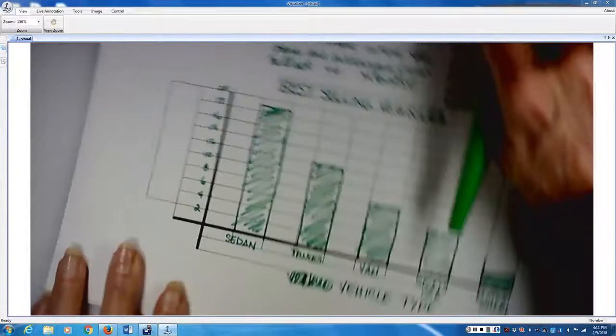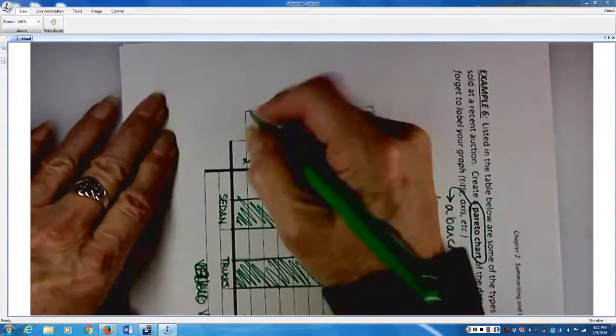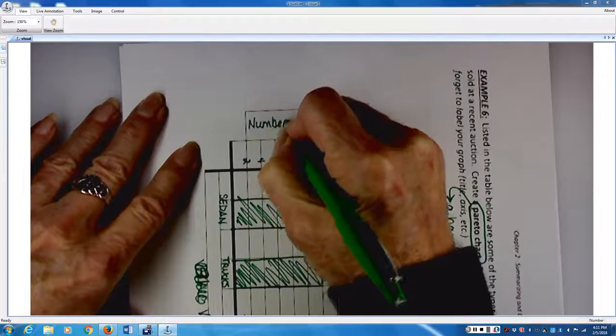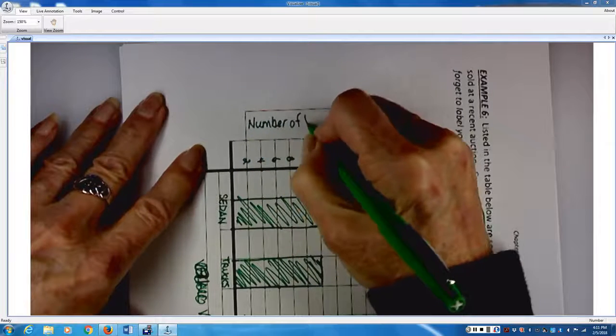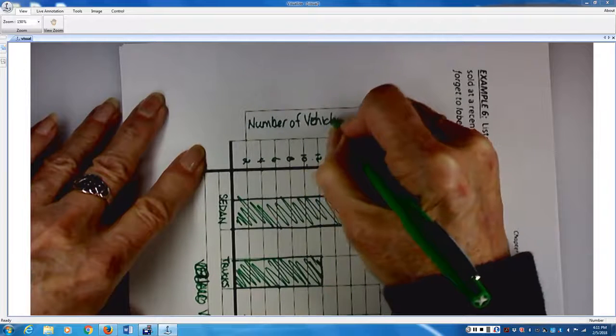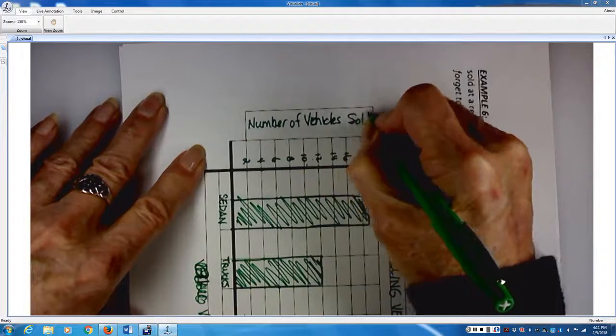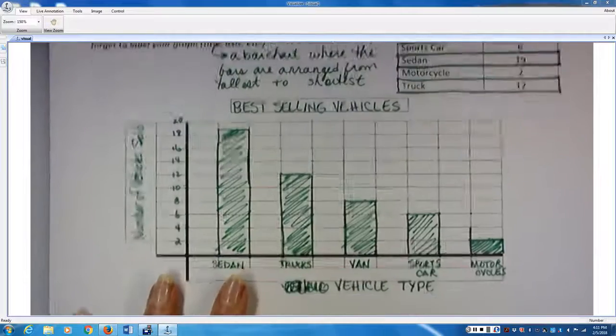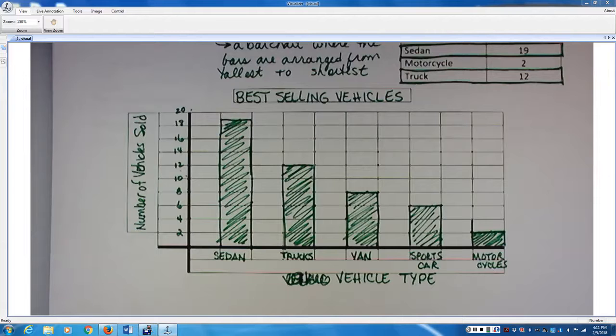My vertical axis, number of vehicles sold. Completely labeled. Bar chart, which happens to be a Pareto chart because the bars are in order.